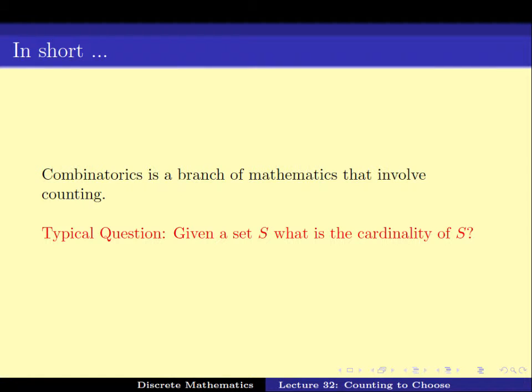Now, a typical question is something like, I give you a set and I ask you the cardinality of set S. Now, what is cardinality? Cardinality means the number of elements in this set S. Now, you might be wondering what is there to ask in this question. If I give you a set, you just count the number of elements in set S. Unfortunately, sometimes the set S is not given to you explicitly.